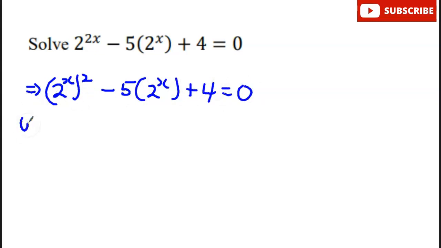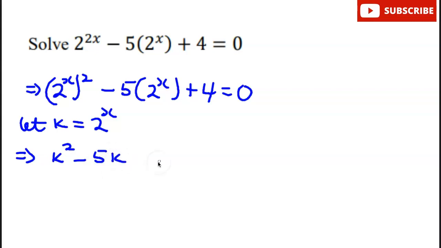So once again, we can let k be equal to 2 raised to the power x. Make the substitution. So this implies that k squared minus 5k plus 4 is equal to 0. So quadratic, the coefficient here is 1. 1 times 4 is 4.